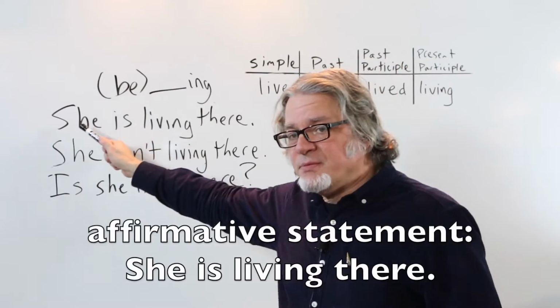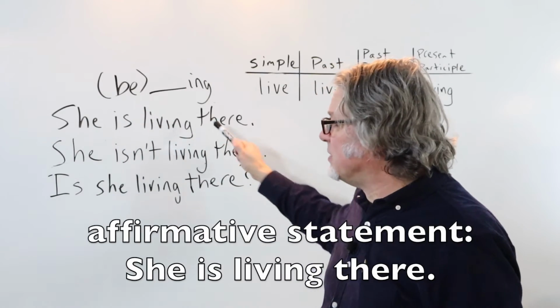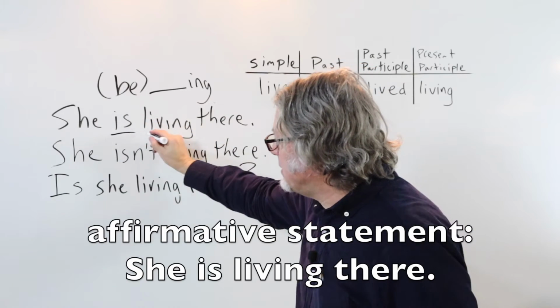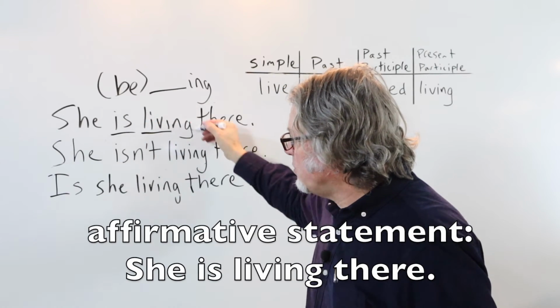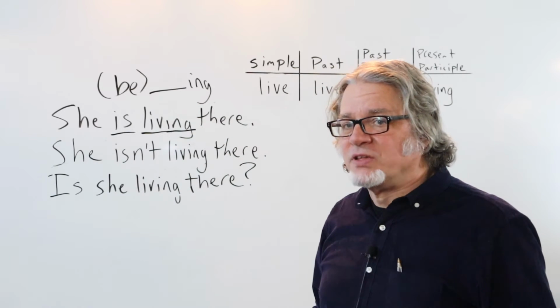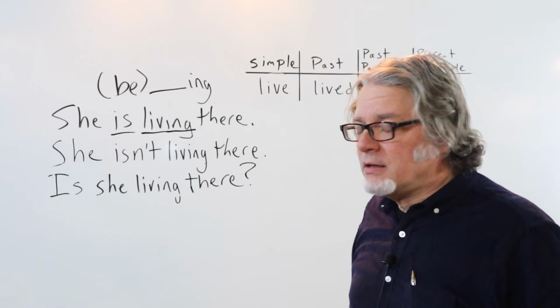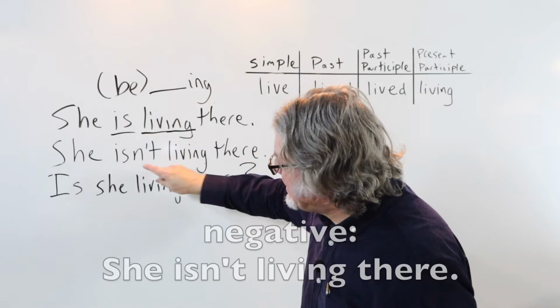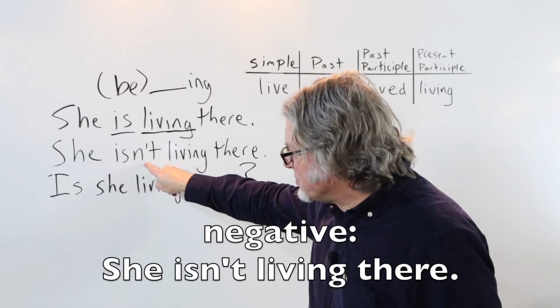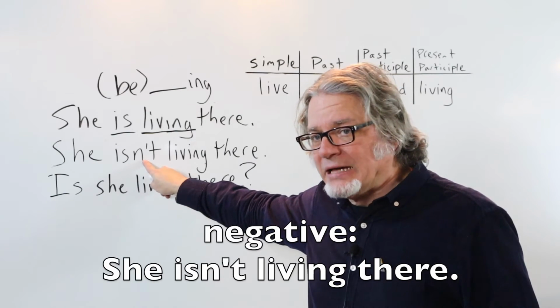Here's a statement. She is living there. So here's the verb be, and then here's the main verb with the ing ending. She is living there. For the negative, add not to is. This is a contraction for not.